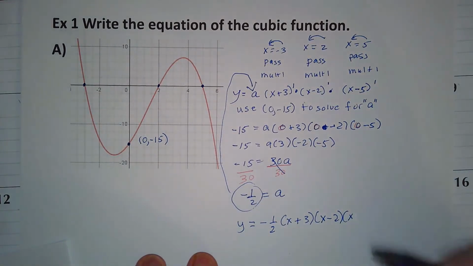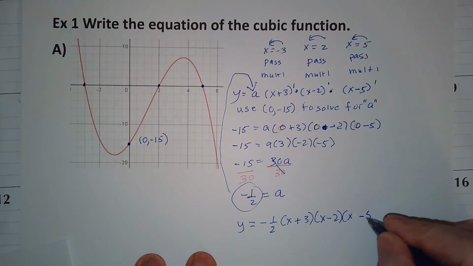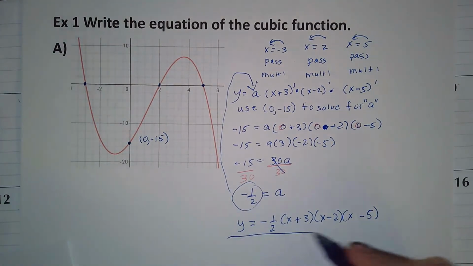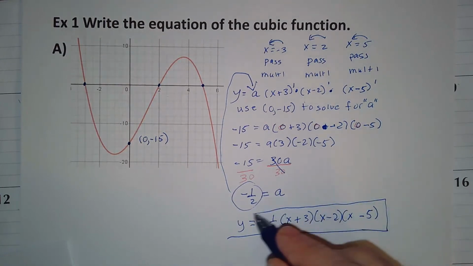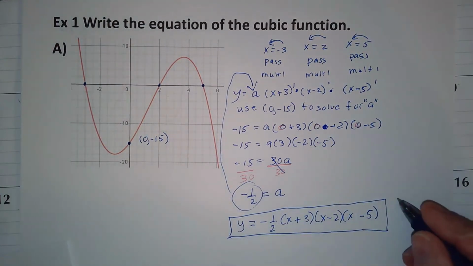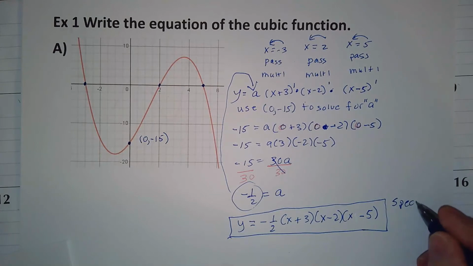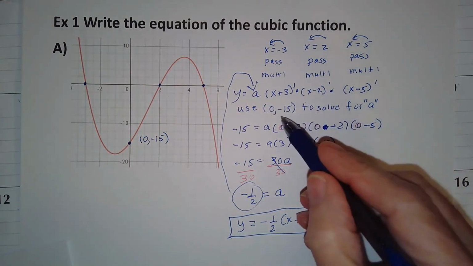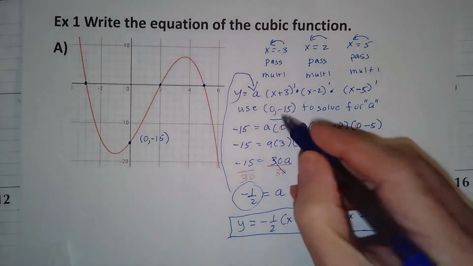So x minus 5. All right. So this is our what we call specific model. It's a specific model because we used a specific point. We used this point here, right?